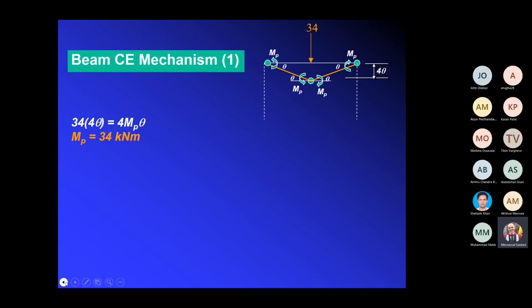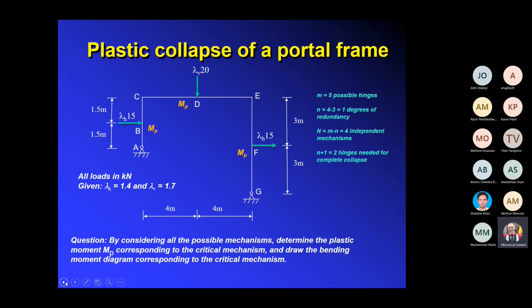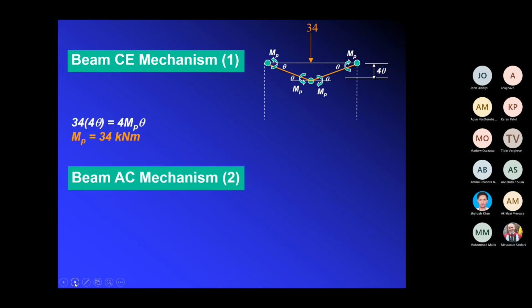Now we're going to look at the next mechanism, which will be AC, and then we do EG. So this is the column AC, and this is what we have.